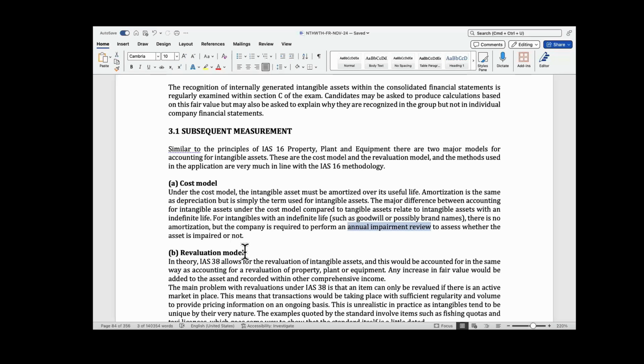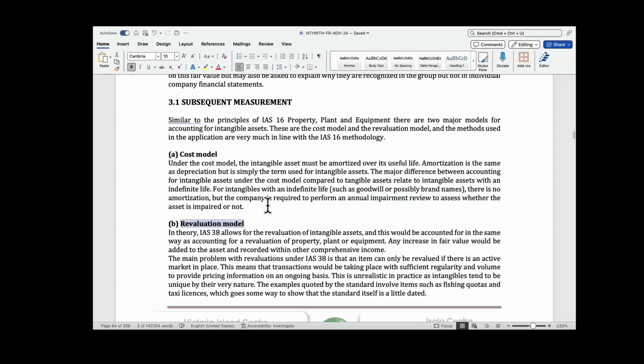Now, the second one is the revaluation model. The revaluation model here is the same thing as IAS 16. It's fair value minus subsequent accumulated amortization minus accumulated impairment loss. The peculiarity here is that before you can use the revaluation model for an intangible asset, there must be an active market in place.